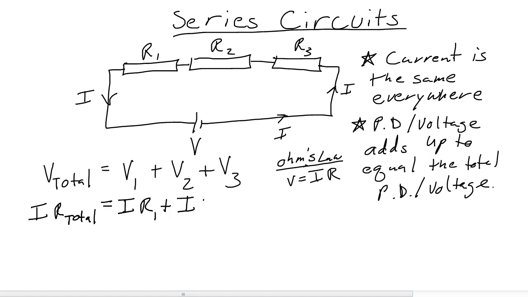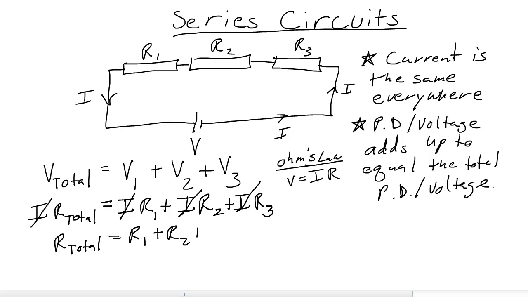I could do the same thing for V2 and V3. And remember I said that the current is the same everywhere, and so current is in all of these terms, so I can cancel that out, and I get R total is equal to R1 plus R2 plus R3. So for a series circuit, if I add together all my resistors, I'll get the total resistance of the whole circuit.